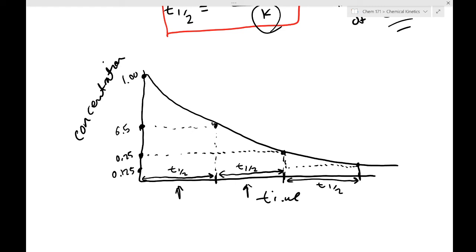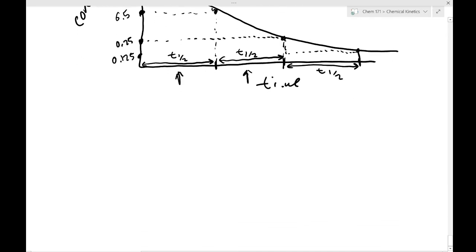And one thing I want to point out here is that this is the point at which 2 times t1/2 has been reached, right? But you can see that there's still 0.25 of the concentration left. So 2 times the t1/2 does not equal the reaction time.